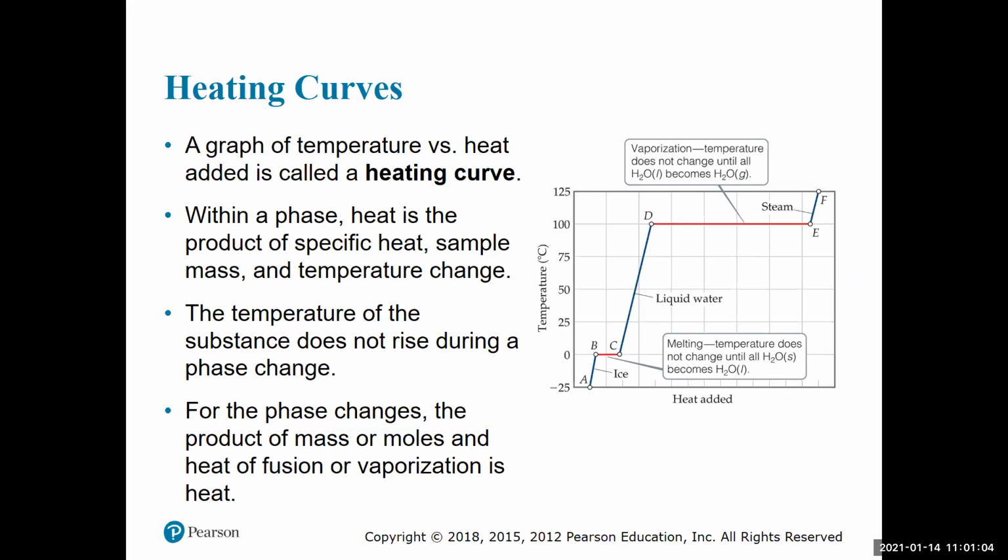Then we have an energy calculation going from B to C. We have another one going from C to D, a calculation for D to E, and then E to F. And then we would add up all of those values to find the total energy that was required to go from point A, ice at minus 25, up to gas phase water at positive 125.